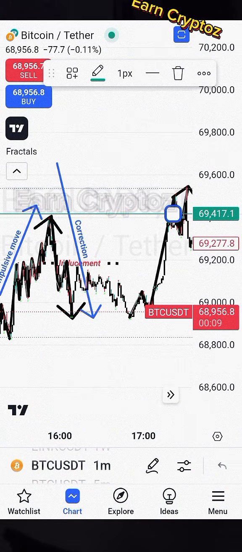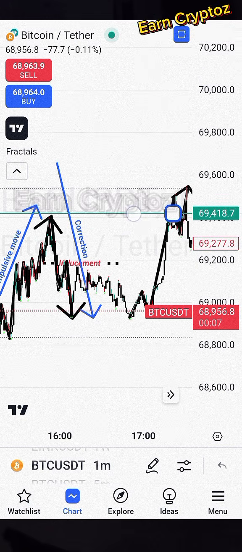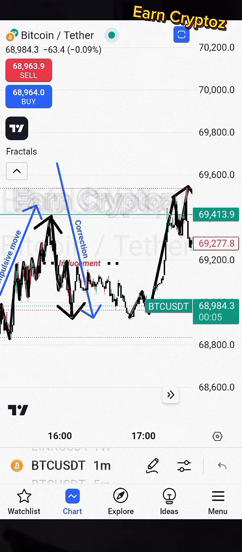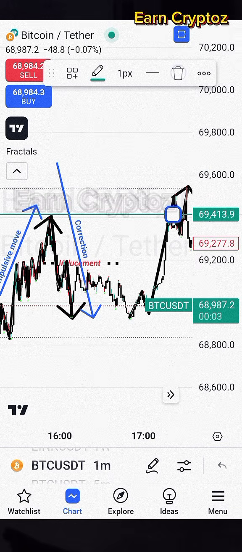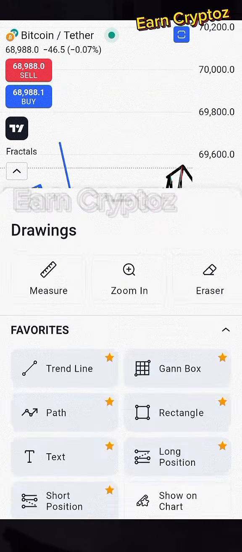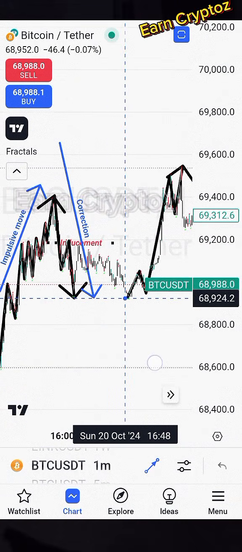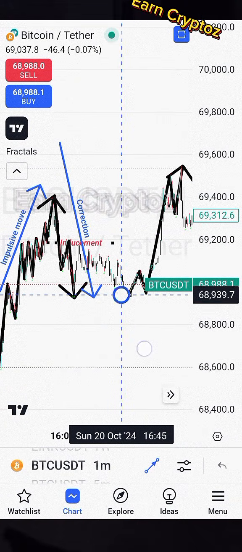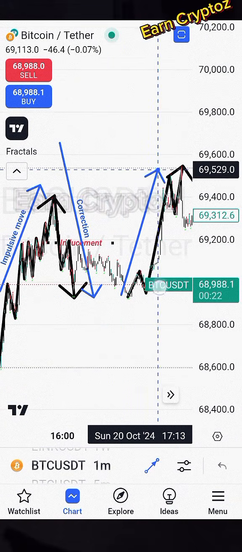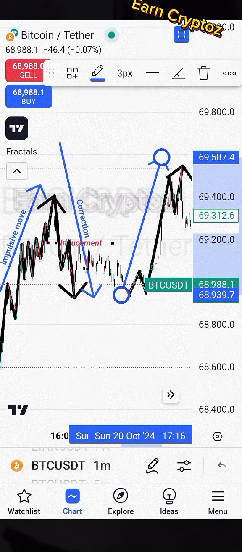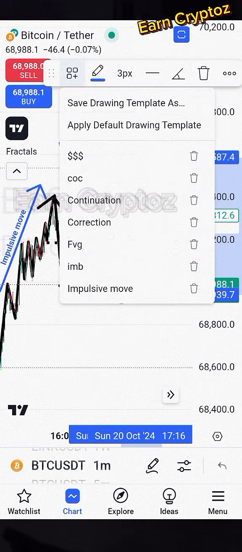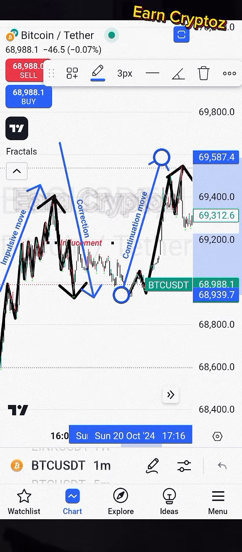You can see this is the high of the first impulsive move. You can see that this continuation move broke above that high, the price right there. It's very important that that happens before you can say now this is a continuation move. There is a continuation move right there.